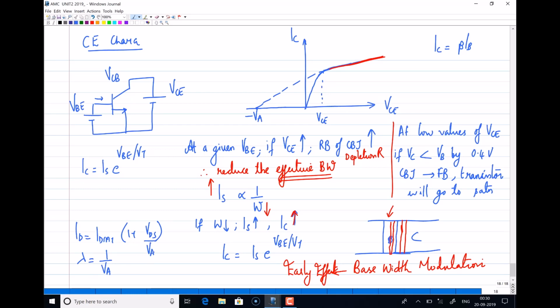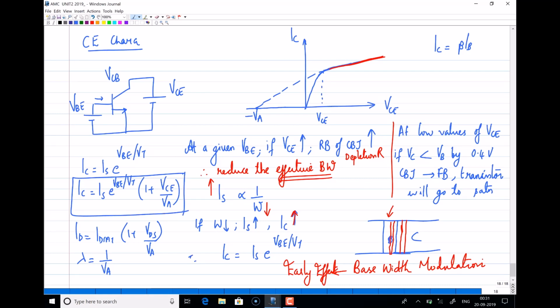Similarly, we will write here IC as IS into e to the power of VBE by VT into 1 plus VCE by VA, where this VA is the early voltage.